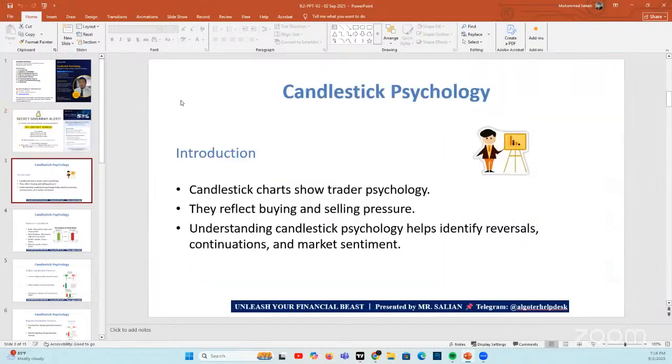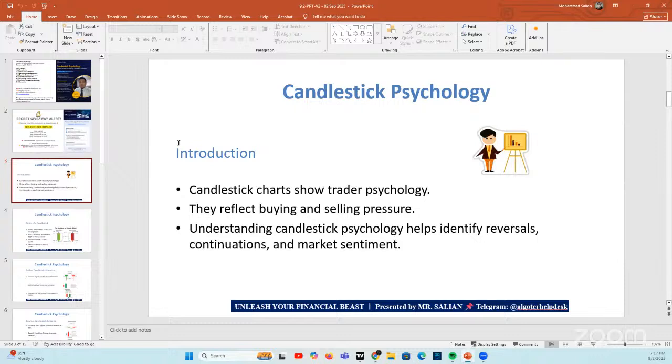All right. So introduction. Candlestick charts show trader psychology. Yes, because when it's green, you need to buy. When you see red, you need to sell. Simple as that. And they also reflect the buying and the selling pressure of the trend.